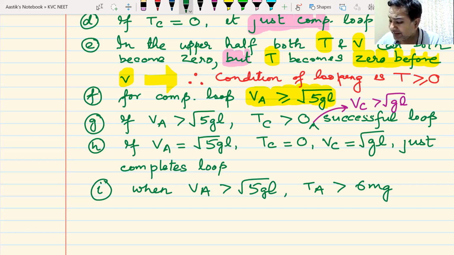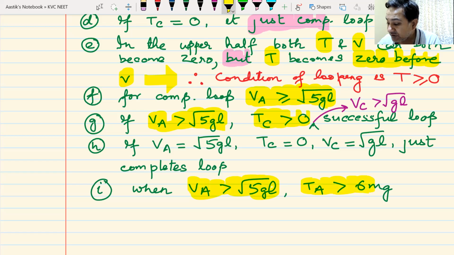How do you get all these results? We get all these results by the equation that we have already written. I'm not going to derive this because that will be just a waste of time. I'm just giving you these as statements that you could remember.